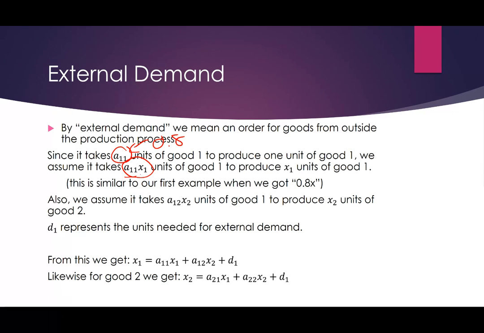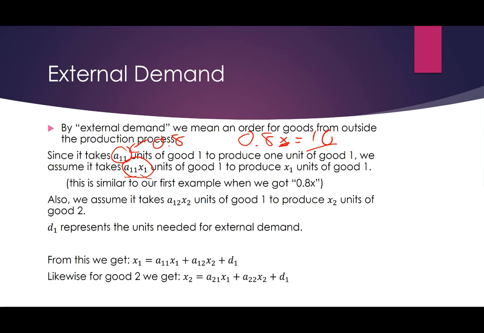And then this is the 0.8 times x. Because remember, our equation was 0.8 times x equal to 10. Well, 0.8 times x is the total amount that we need to harvest to fulfill that demand. So we've already done this math before. This is just another funny way of communicating it.